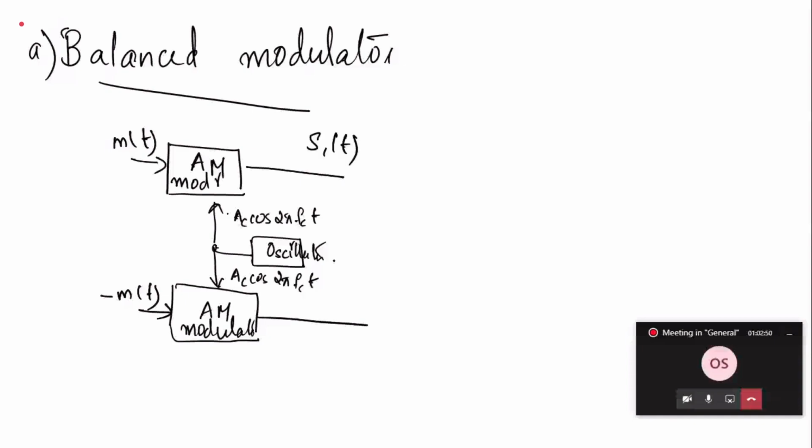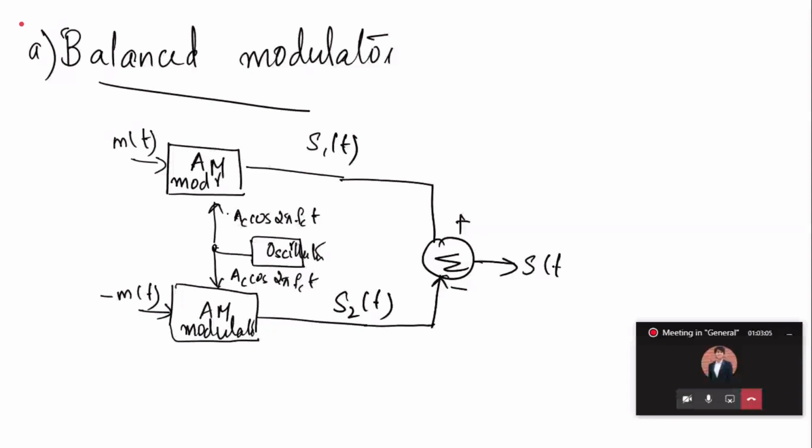Here S1 of t, here you are getting S2 of t, and here you have a plus minus. So S1 of t will be an AM output, 1 plus k.